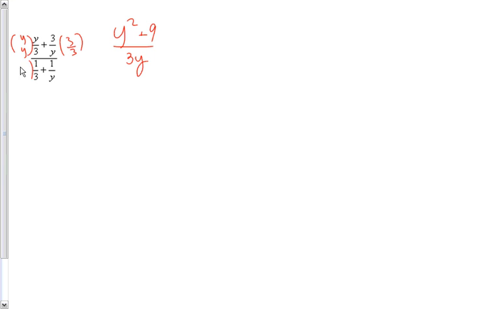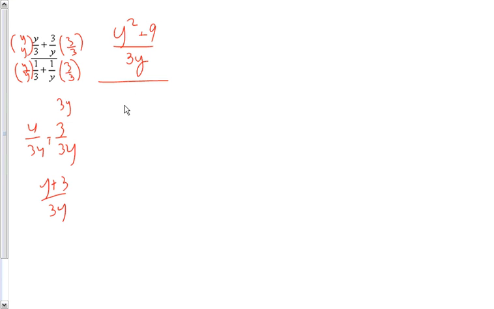The bottom LCD is 3y as well. So this one needs a y on it, and this one needs a 3 on it. Alright, so the bottom is y over 3y plus 3 over 3y, which is y plus 3 over 3y.